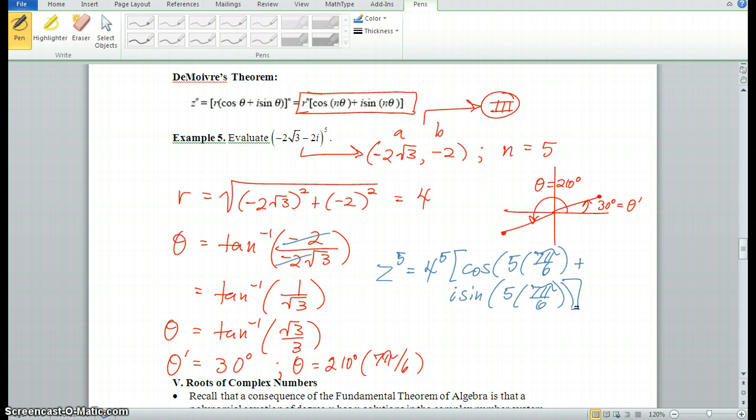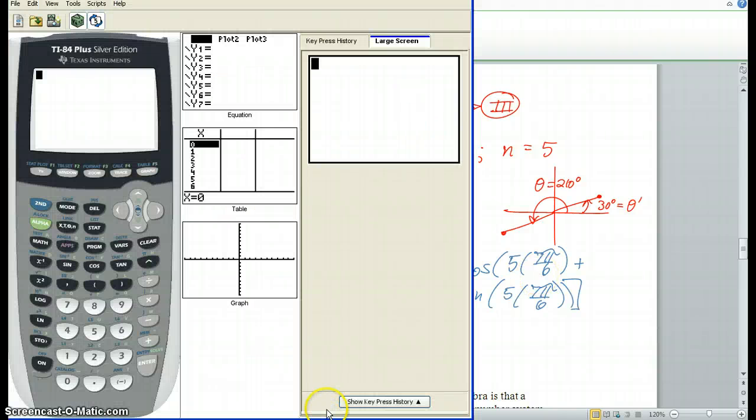All right, so if you guys consider the fact that, and like I said, I'll use degrees here, that 210 degrees, but really multiplied by 5, and 7 pi over 6 multiplied by 5.